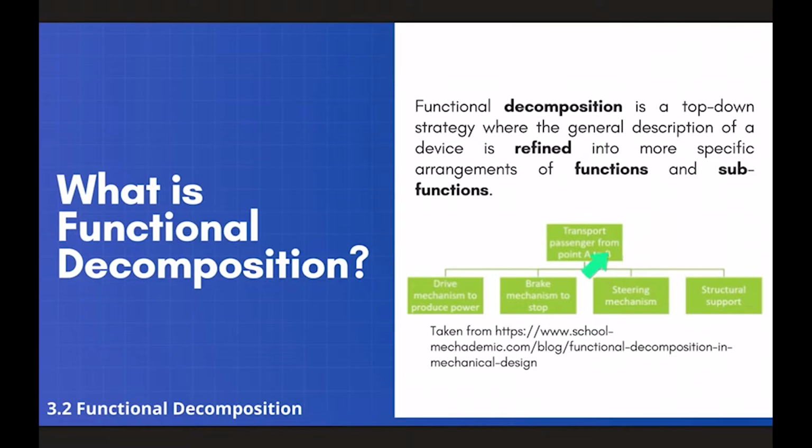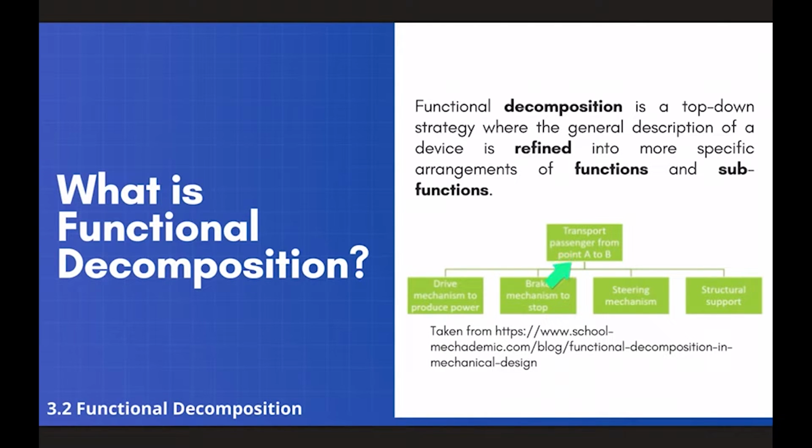As you can see here, this is a figure about transporting a passenger from point A to point B, which is the overall function, where let's say we call it a machine.